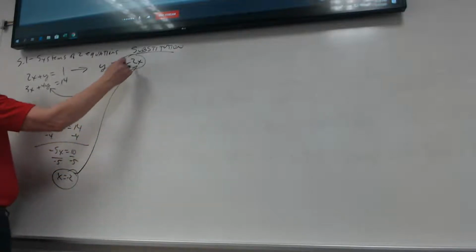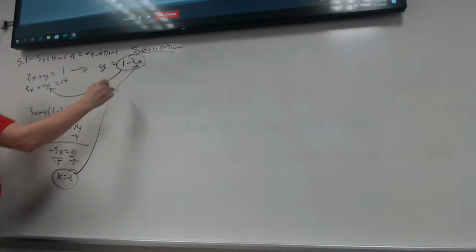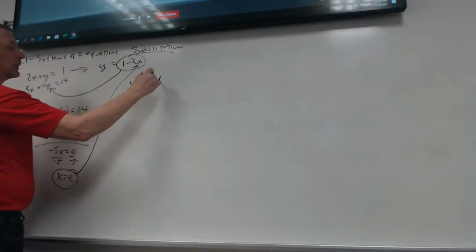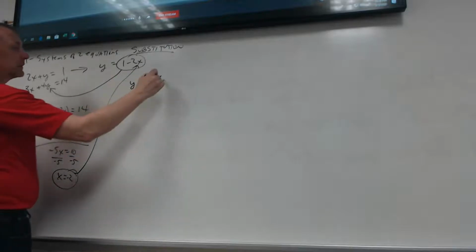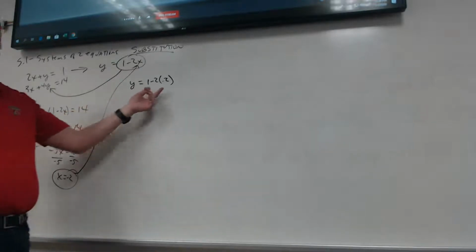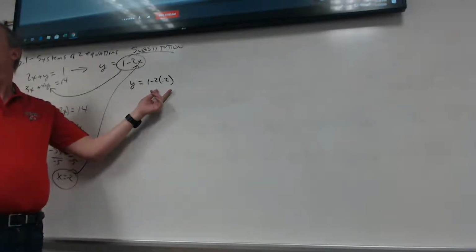Now how do we get the other one? You plug that back into here, right? Okay, and so then we're going to get y equals 1 minus 2 times negative 2. 2 times negative 2 is negative 4, so minus negative 4, positive 4. Oh, yeah. Sorry.